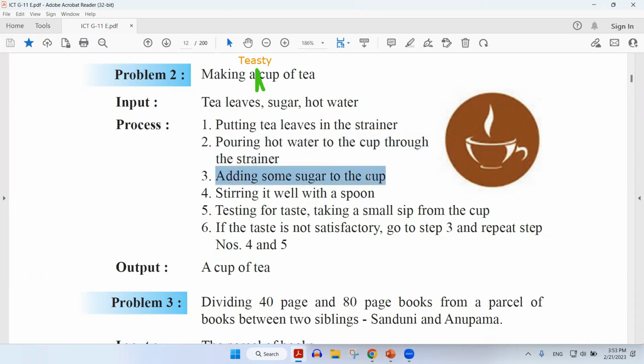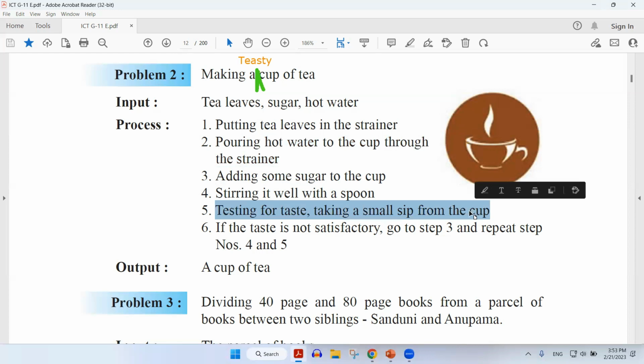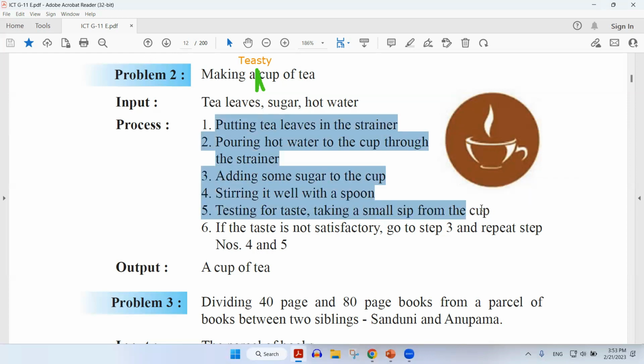Add some sugar to the cup and stir it well with a spoon, and to test the taste, take a small sip from the cup, right? So these five steps happen one after the other, that means in a sequence manner, right?